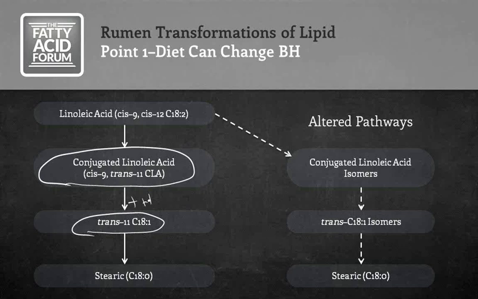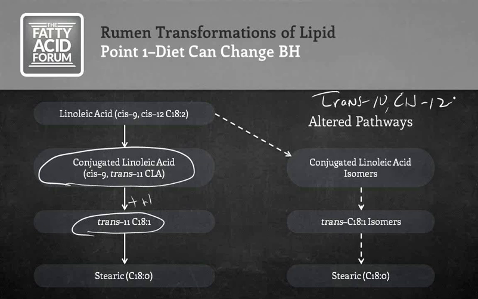For instance, low pH in the rumen for any extended period of time has been documented to increase the production of an alternate CLA referred to as trans-10 cis-12.